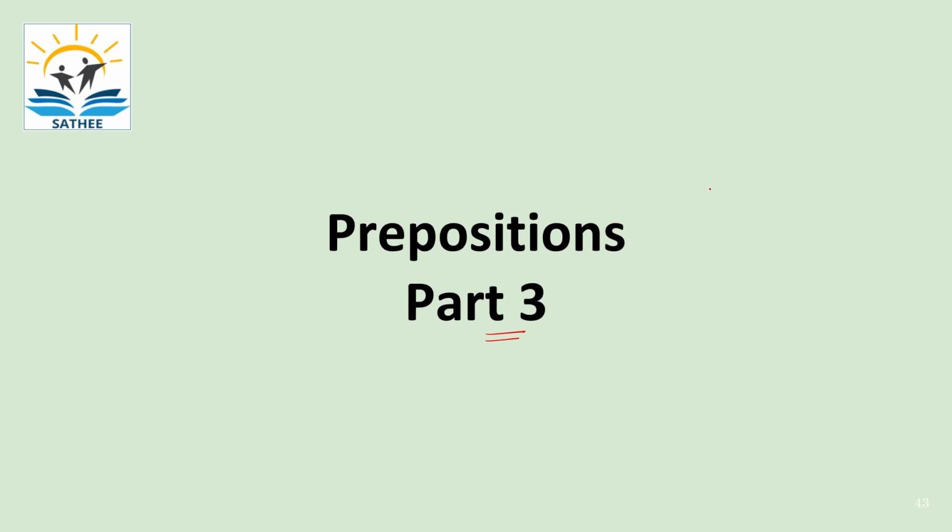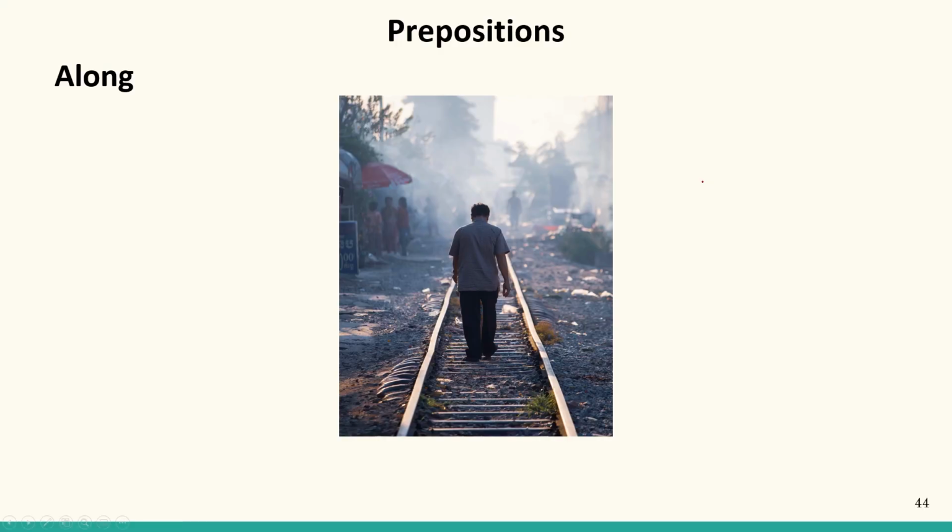So, the first preposition here that we have is along. Along is basically used with something which is going in the same direction, or towards the end of something. When something is in parallel with something, we use along.